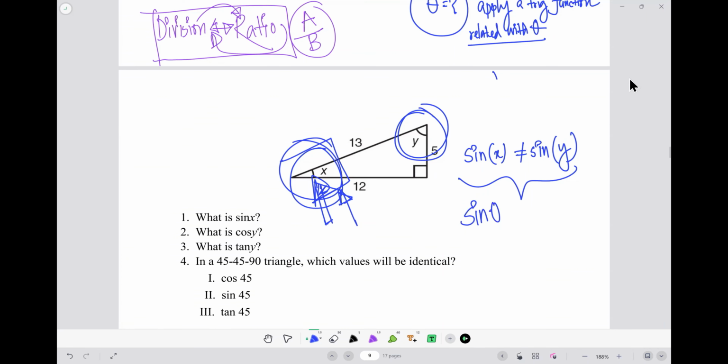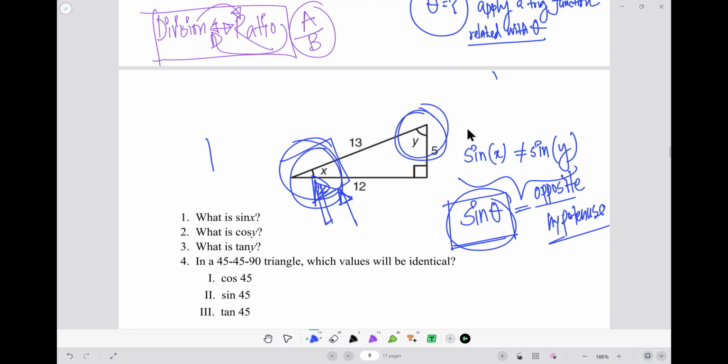But the definition of the sine function, intrinsically for any kind of trigonometric application, is always opposite divided by the hypotenuse.